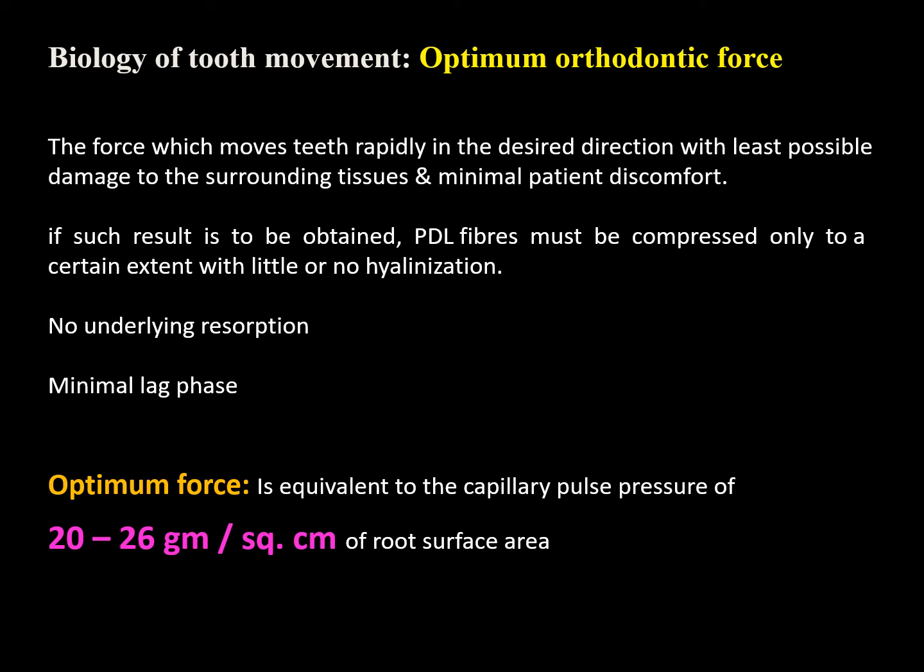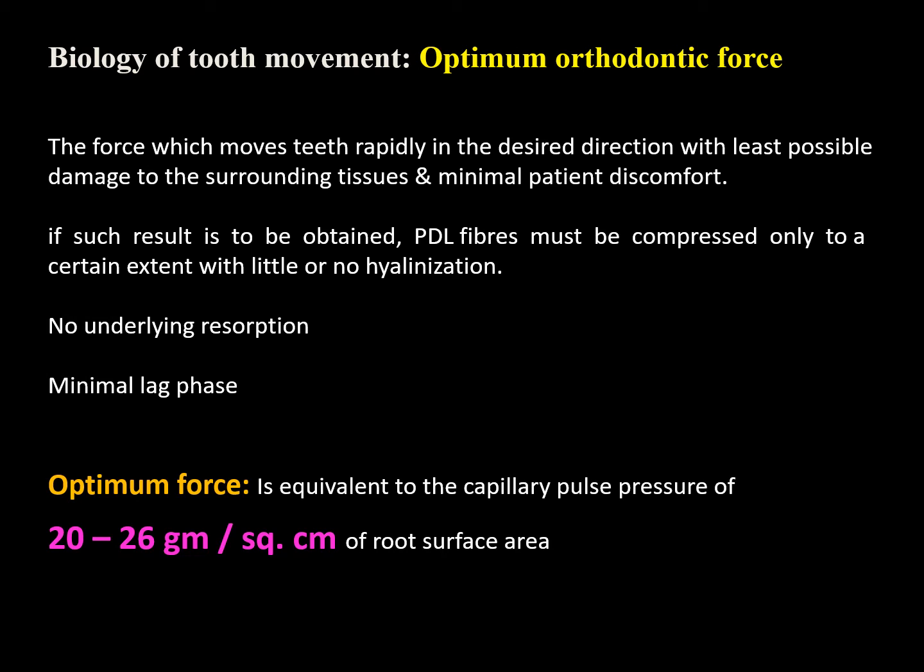However, to obtain this kind of force, the periodontal fibers must be compressed only to a certain extent, with little or no hyalinization. We will discuss what hyalinization is, what causes it, and how to avoid it later on.